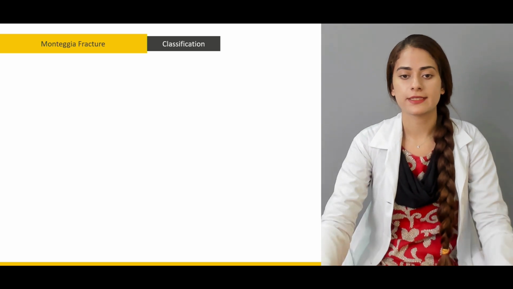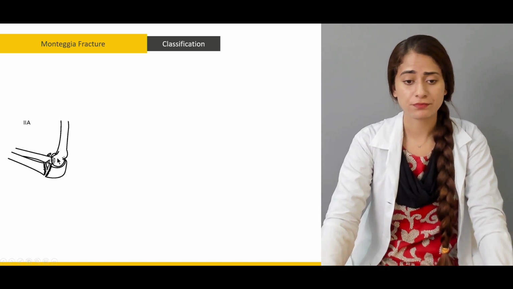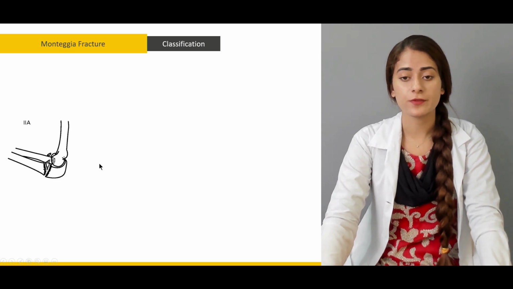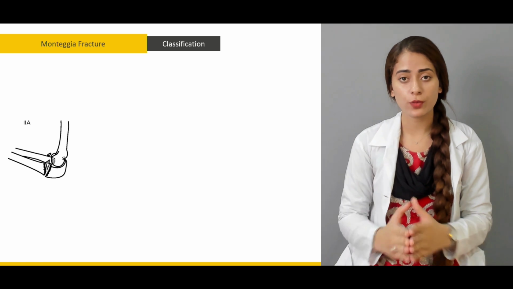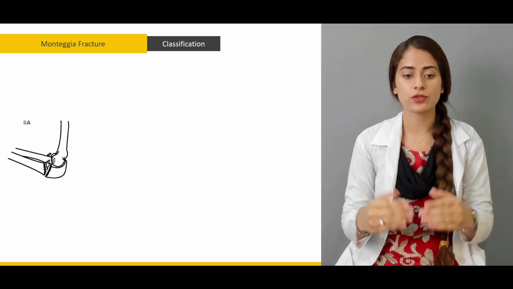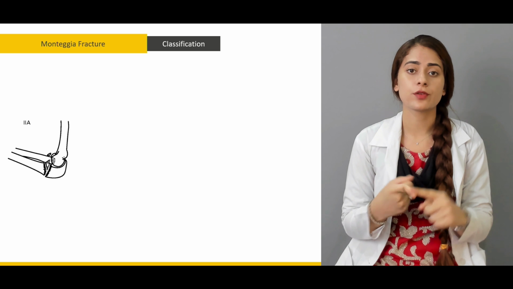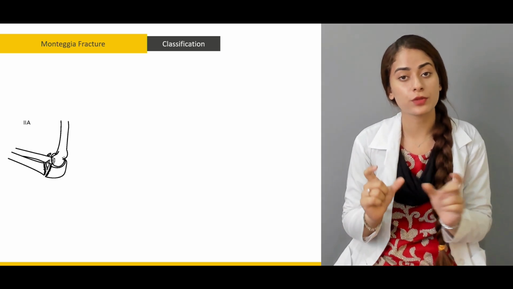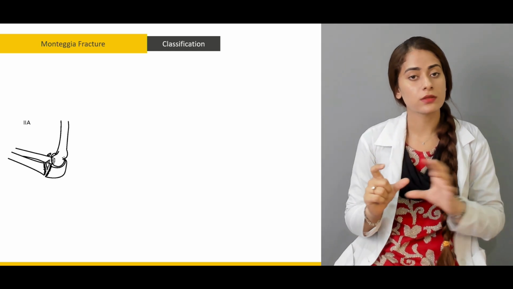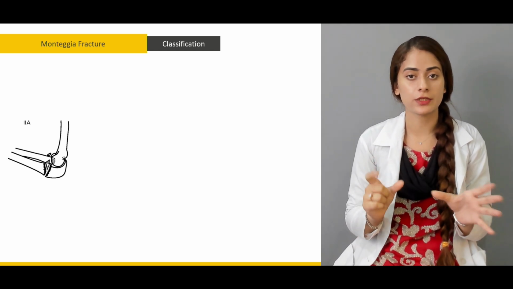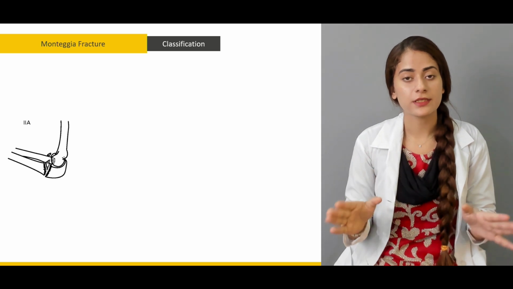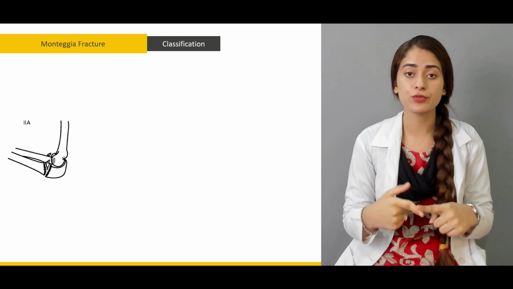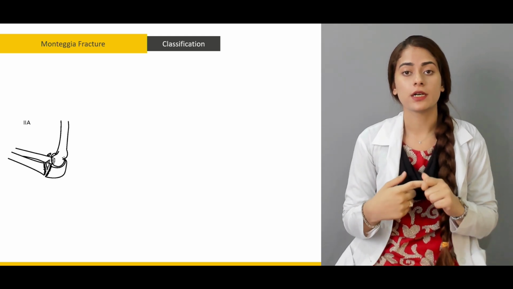So let's see into it. So this is type 2A of the Monteggia fracture classification. So we classify Monteggia fractures on the basis of, there is always going to be a complete through and through fracture. The olecranon process will not be in continuation with the rest of the ulna. So it will be completely separate from the mother ulna bone, and the radius is always going to be displaced.